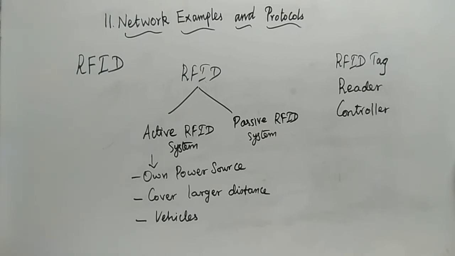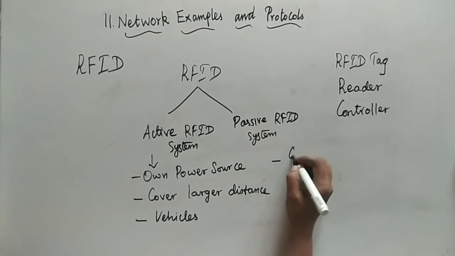So what is a passive RFID system? In this, the tag is going to get the power from a reader antenna, from some other source. So they are used for shorter range of distance. This passive RFID system gets its power from a reader antenna.